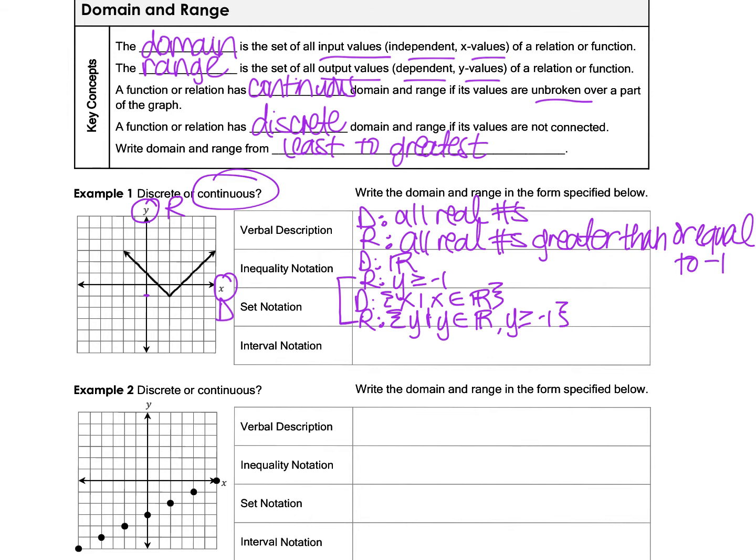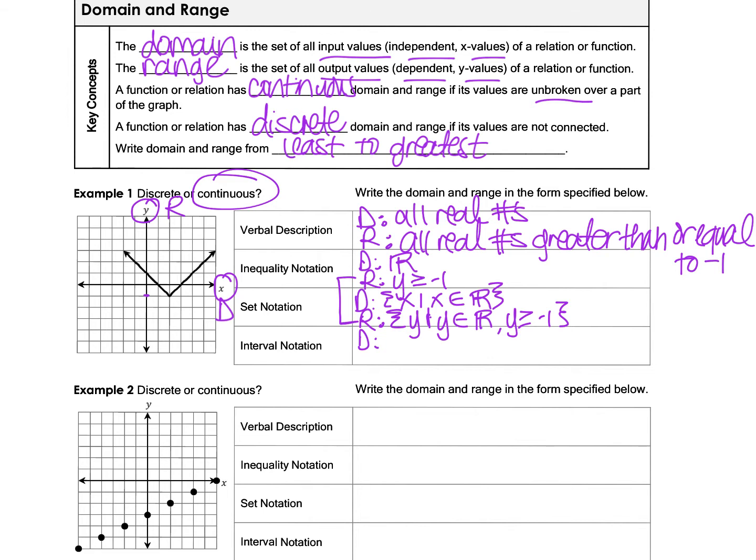Interval notation probably is something else that you have not seen. So we're still going to be looking for domain and range. On interval notation, I think it's pretty easy. You're always just starting with your smallest x or y value, and then you're going to your largest x or y value. So on domain, it was all real numbers.